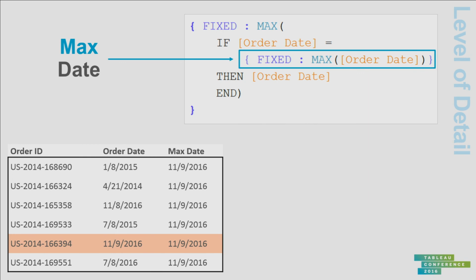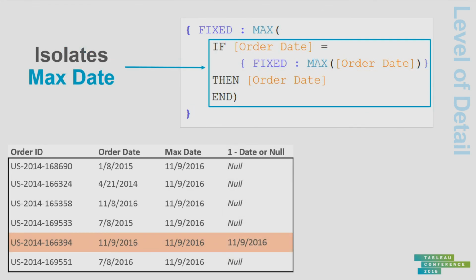So that's what fixing to no dimension would do. So first, we're returning the max date. So we can see here the materialization of what that would look like in the table, right? The max date is always going to be November 9th because it sees that there is a date on November 9th, and that's the maximum date.